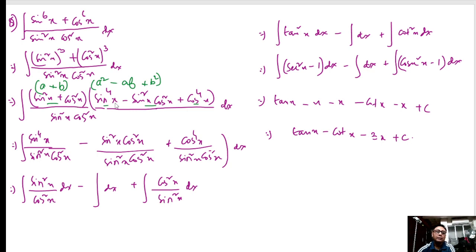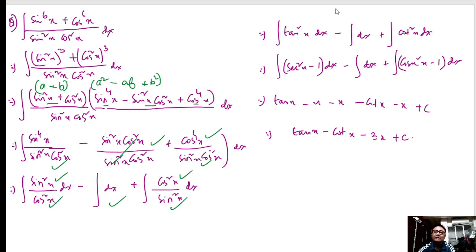That means we are taking only this part: sin 4x by this, cos square x sin square x by this, cos 4x by this. So now this part cancels, it is only dx, and from here only this remains, from here this remains.